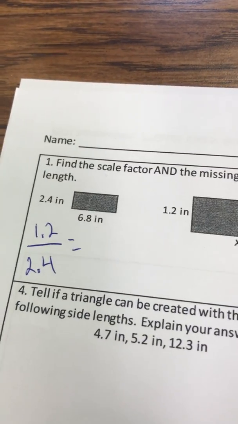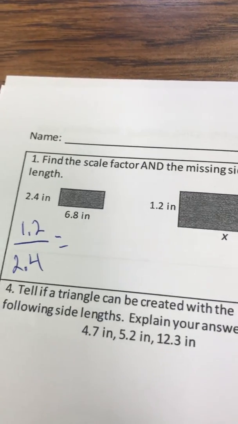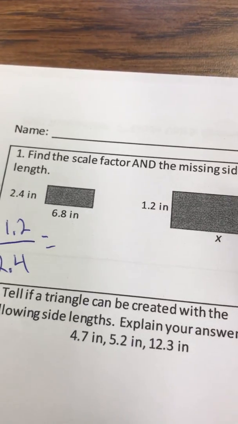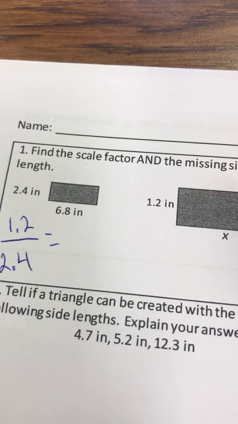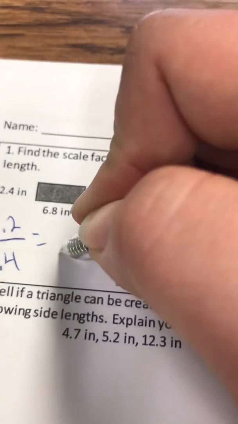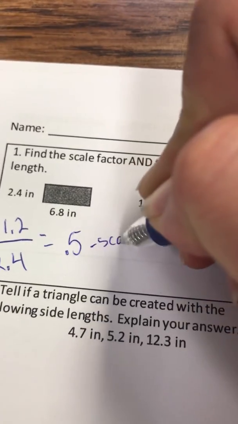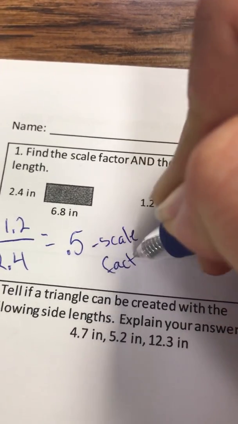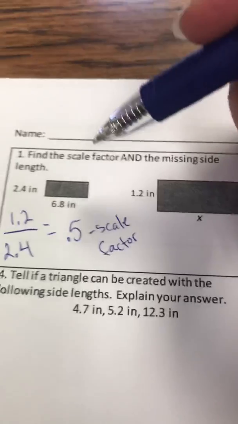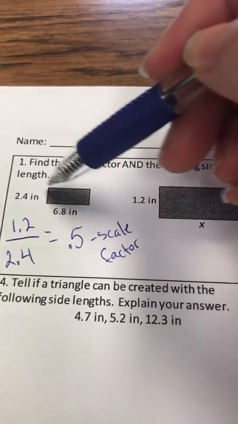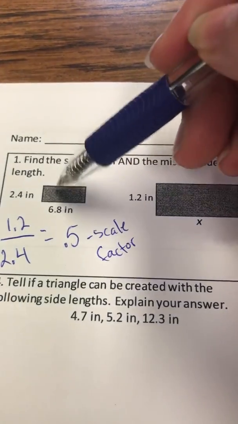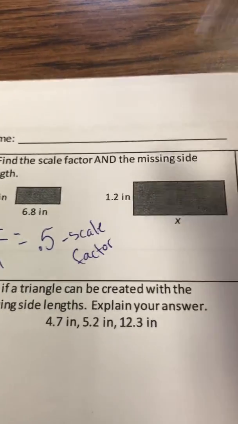When we do that, we get 0.5, so that is our scale factor. This problem is obviously not drawn to scale because our smaller box has larger numbers than our larger box.